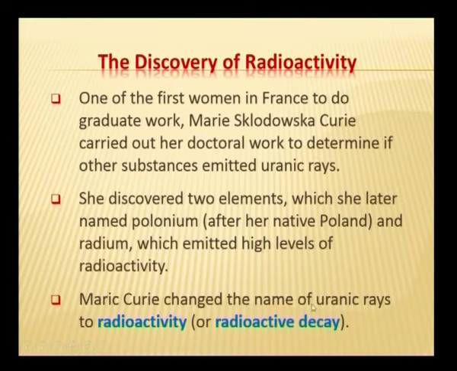Marie Curie changed the name of uranic rays, as I told you, to radioactivity or radioactive decay. It is called radioactive decay because the parent nucleus, the original nucleus, after giving rise to alpha, beta and gamma radiation, will become a new nucleus. It is called a daughter nucleus.